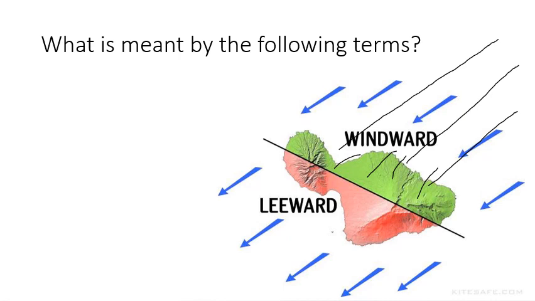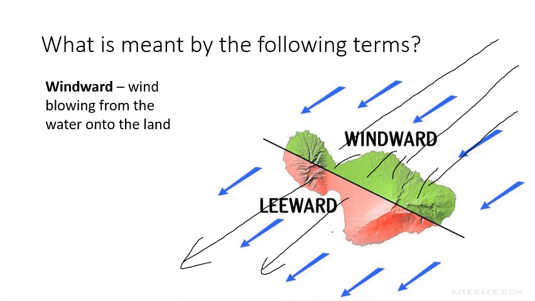Now, the wind keeps going. It blows over the island and then goes off the other side. That's called the leeward side of the island, or the side where the wind is blowing away from the land out to the water. So here's our definition: windward is the wind blowing from the water onto the land, and leeward is where the wind is blowing from the land out to the water.